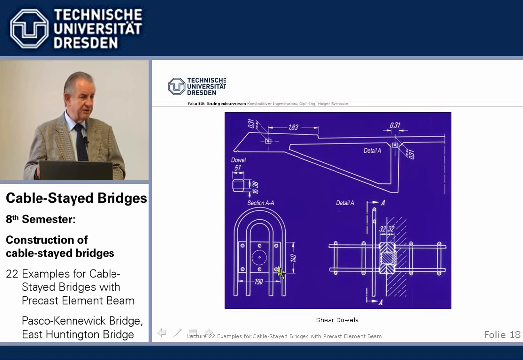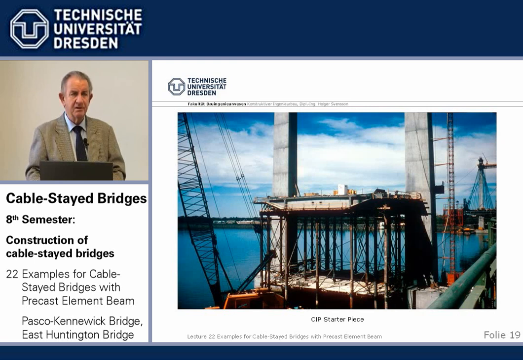Later on, we'll see an example where we just profile the concrete, do away with the steel concentrated shear transfer. But, good God, it's nearly 40 years ago, 35 years ago we did it, and there it was not so well known.